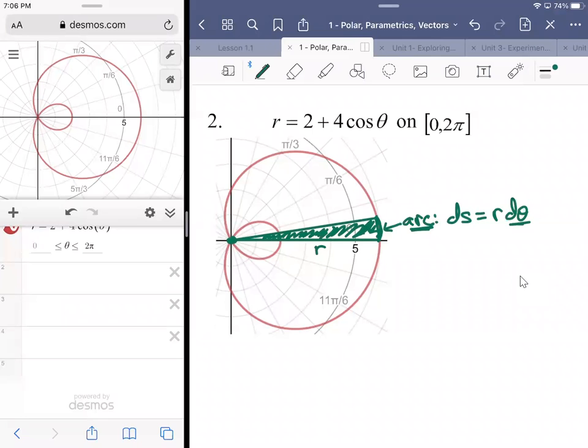But I'm going to need to go all the way around this circle. Let me get a little purple going on here. I'm going to need to go all the way around the circle, collecting every one of the little circular sectors that could come into existence. So we get another ds over here, that's not a ds, corresponding with a d theta.